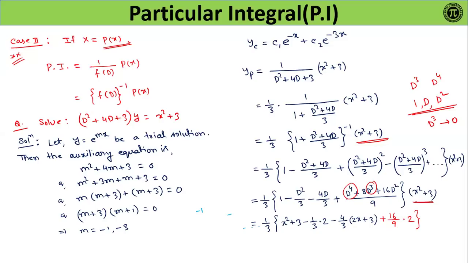Next topic is, if the capital X, that means this is case 3. Case 3. When the capital X is any trigonometric function. Okay, let's say capital X is equals to sine ax plus b or cos ax plus b.